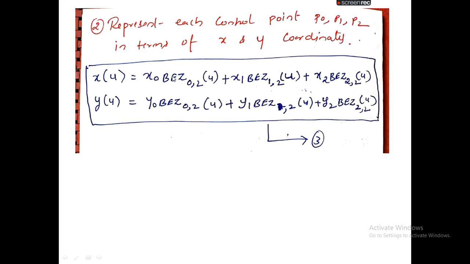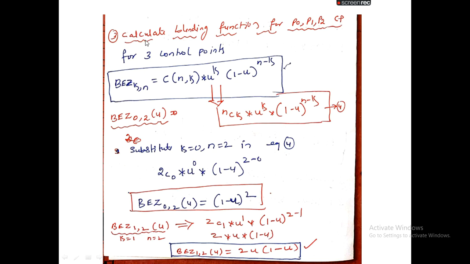If you see equation number 3, in this equation also we are supposed to calculate blending function B 0, 2, 1, 2, 2, 2. Here I clearly wrote the heading: calculate blending function for 3 control points.